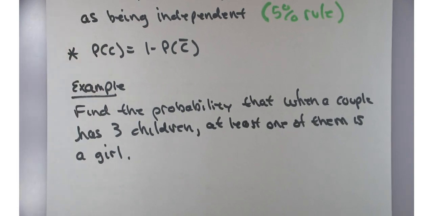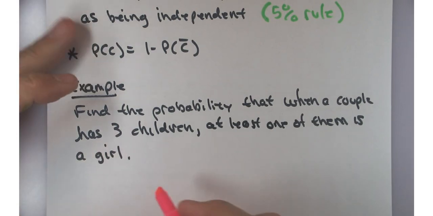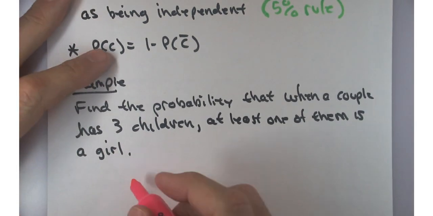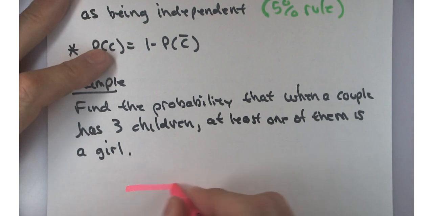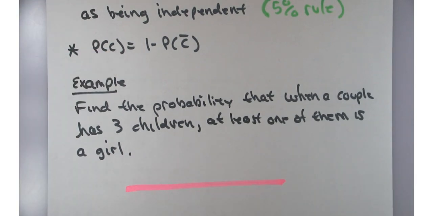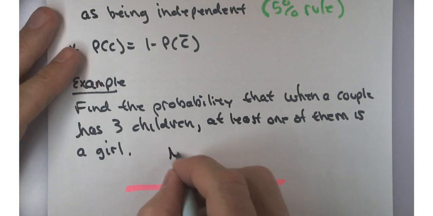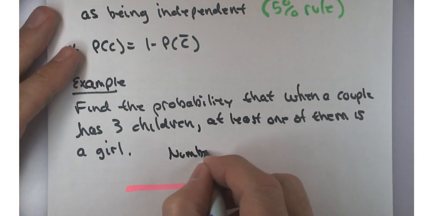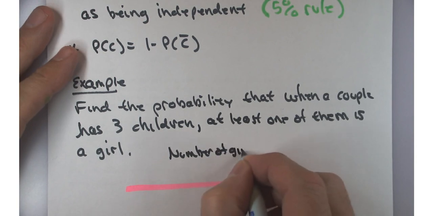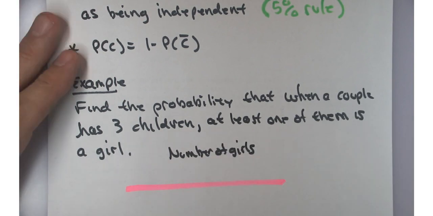So let me start out by drawing a little number line and looking at kind of our sample space, the different compound events of things that can happen. So this is going to be the number of girls. So you have 3 babies.